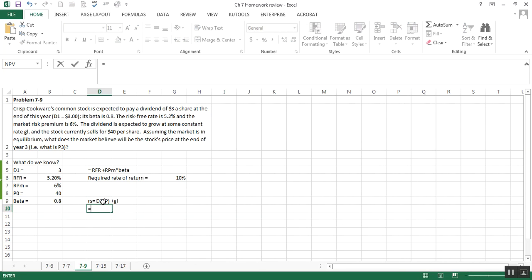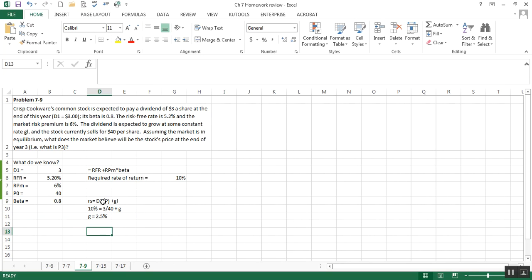Therefore, 10% is equal to $3 divided by $40 plus the growth rate. We would rearrange the formula solving for G. G equals 2.5%. I'll show that to you guys.